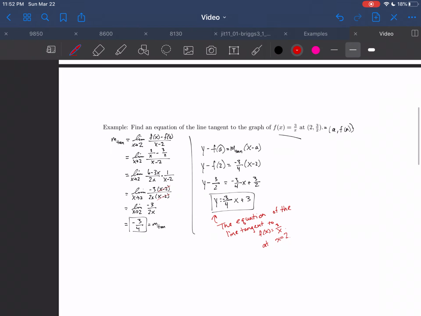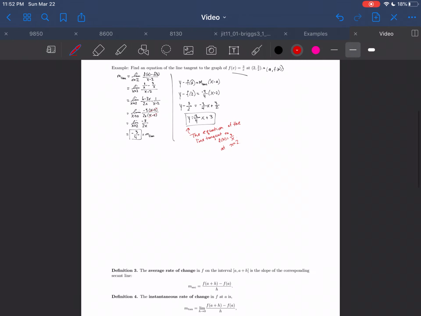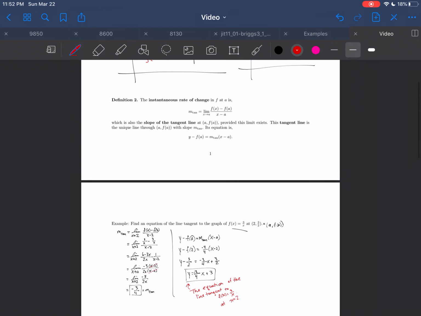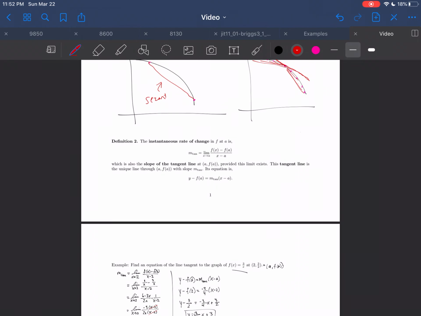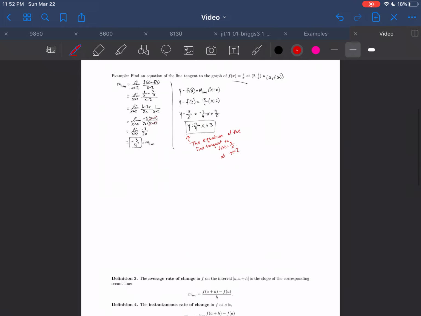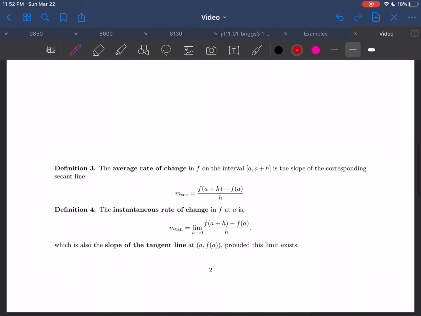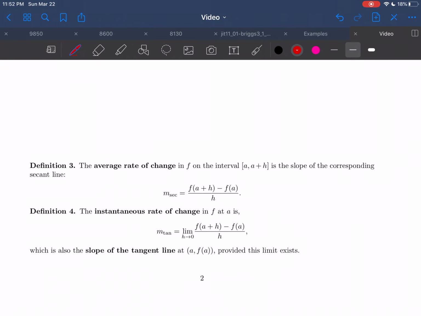Okay, so using that average rate of change and instantaneous rate of change formula, there's another way we can look at average rate of change and instantaneous rate of change.